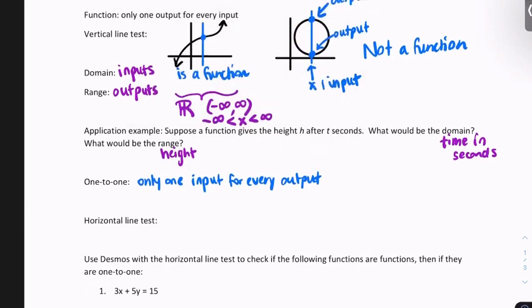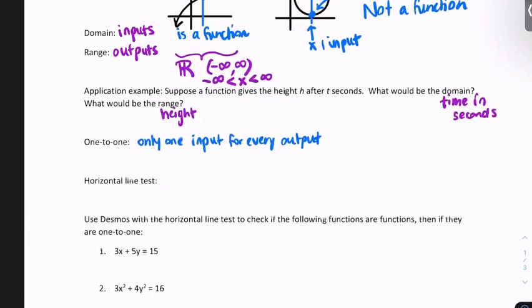If we used the circle again, and then we had a horizontal line, and we move that anywhere, it hits multiple outputs.